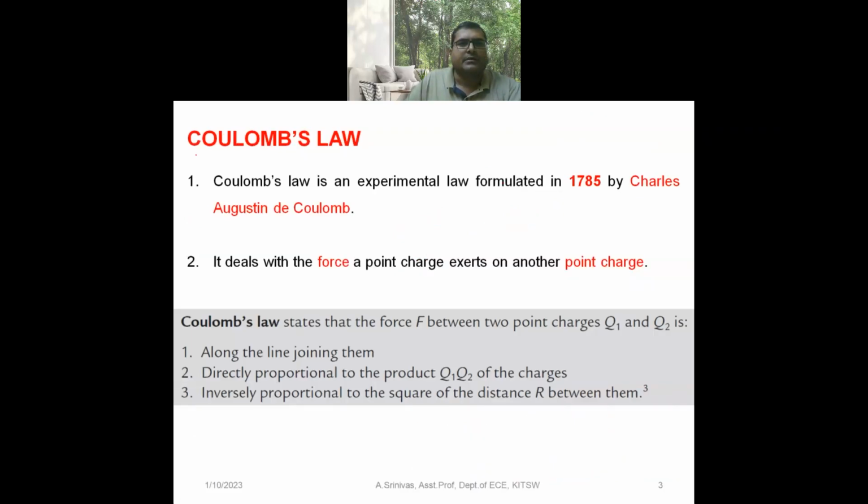Coulomb's law. It is an experimental law formulated in 1785 by Charles Augustin de Coulomb. It deals with the force between point charges.